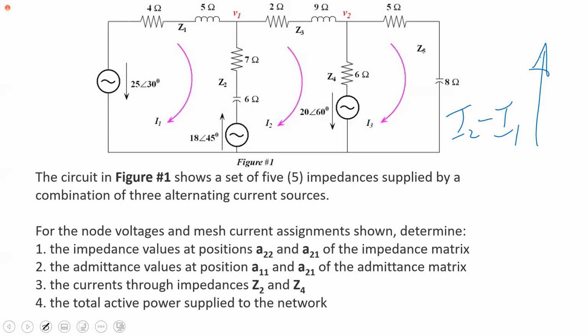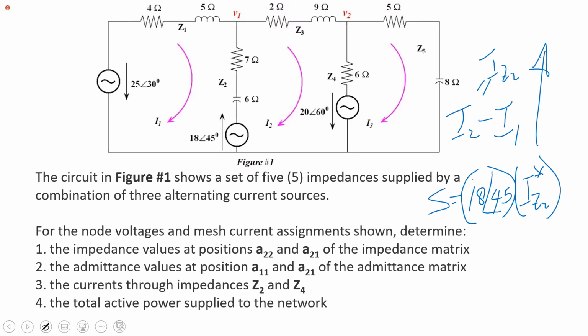Now if you're looking at the current going in that direction, and let us call this current IZ2, then S would be equal to 18 at 45 times the modulus of IZ2.